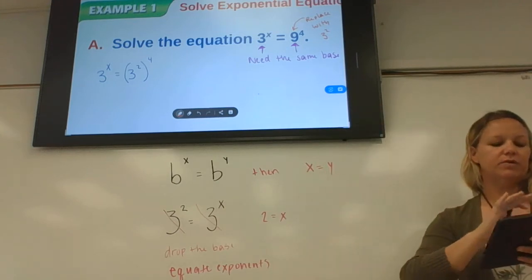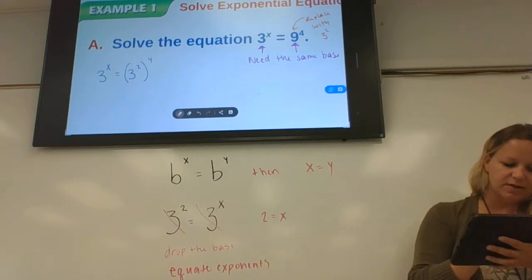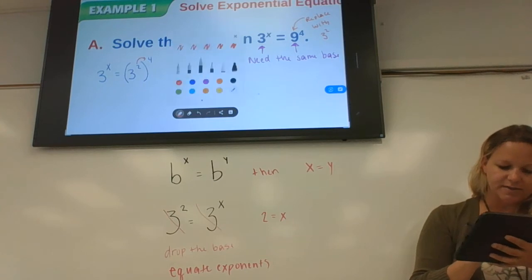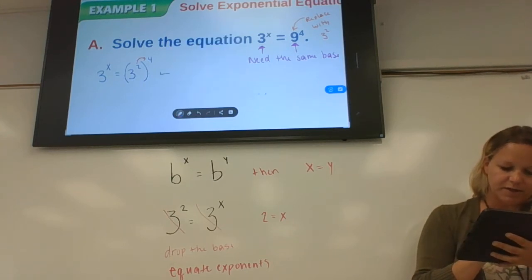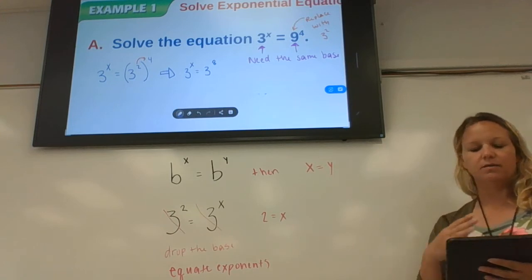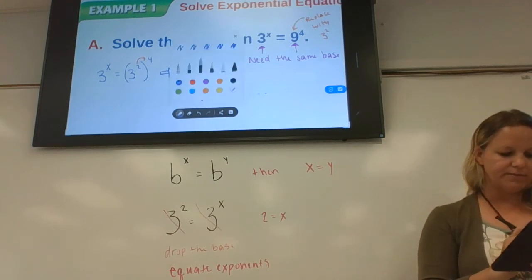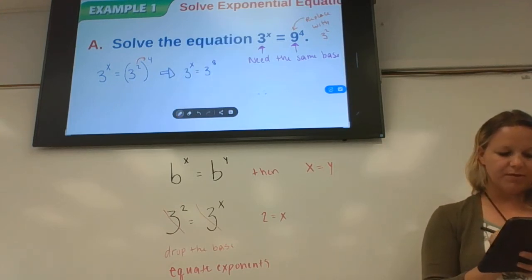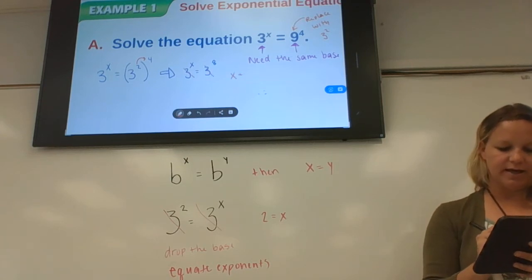Then I'm going to use the properties of exponents. I multiply that. The 2 and the 4 get multiplied. And now I've created the same base. It's all about creating the same base. So I can drop the base and go ahead and state that x is 8.